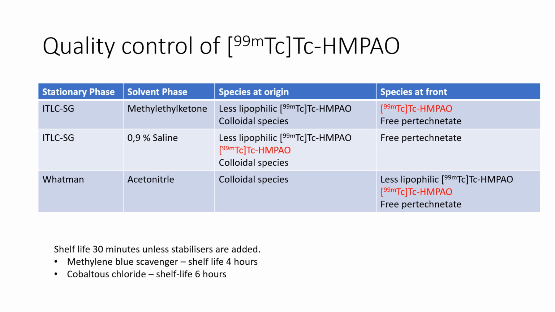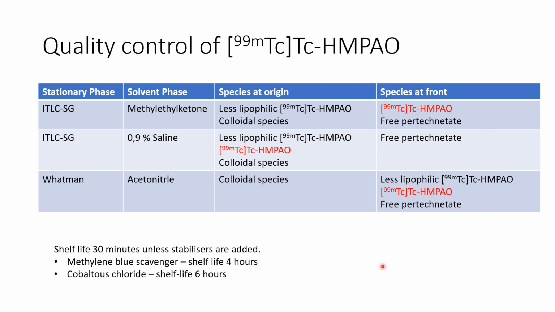so you have to really be quick with what you do. So already have your QC stuff prepared, and it's also a very tricky QC because you have a three-strip method, because there is now a less lipophilic unwanted technetium HMPAO that you can get. You can get the right one, the primary one that you want, the technetium HMPAO that's very lipophilic. You get colloidal species and you get free pertechnetate.